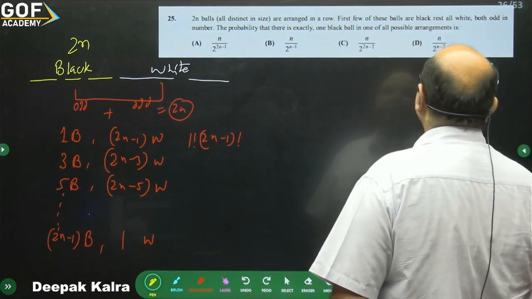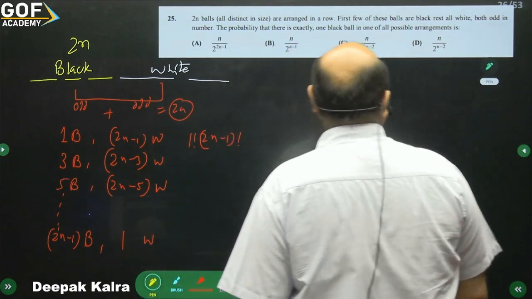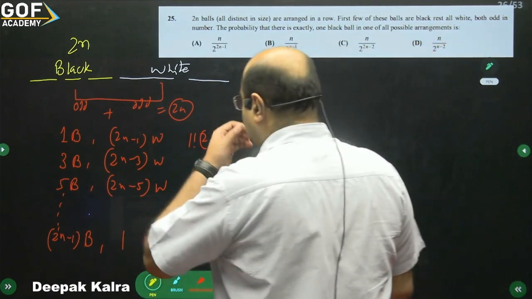Okay, first few are only black. They are in a consecutive way, distinct in size. That's great. Both are odd in number.